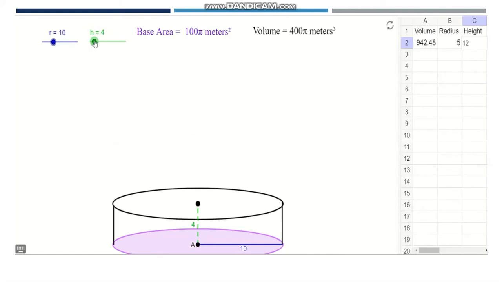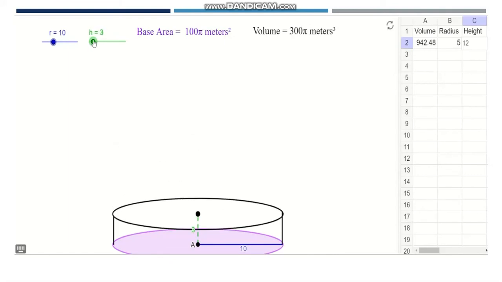As you see, I think you see the same thing as me. Our volume doesn't change. It's also 300 pi.